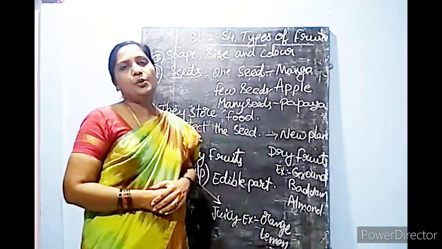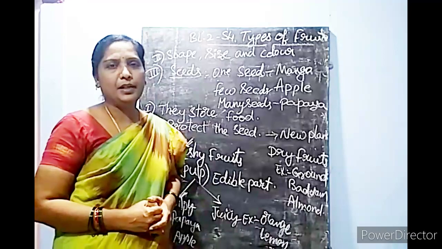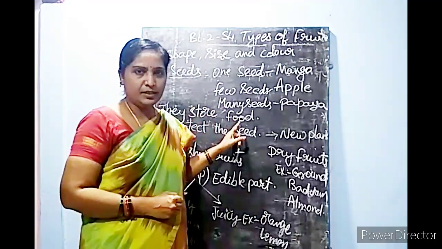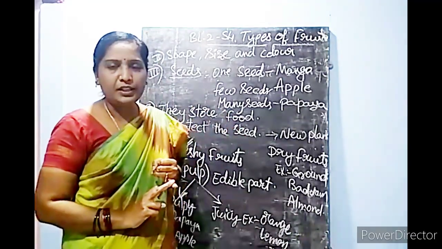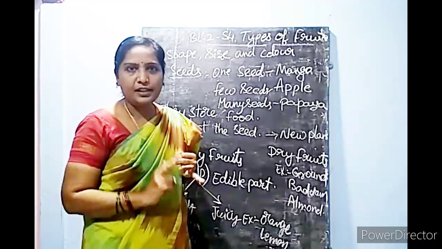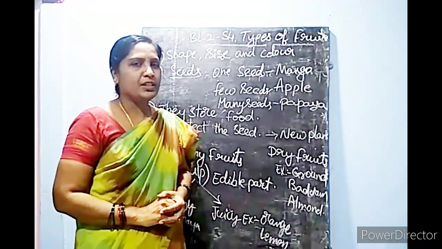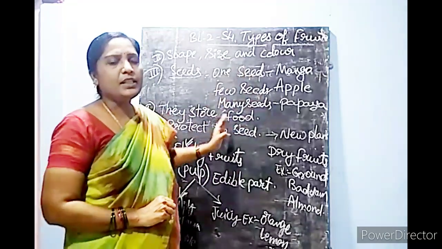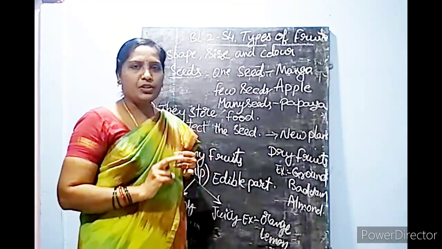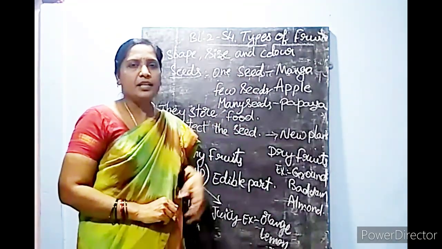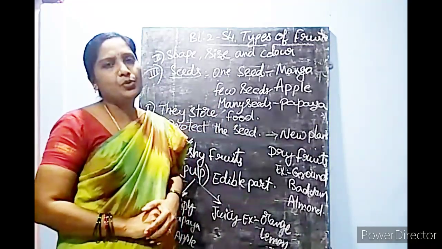So the fruits are doing two main functions in any plant. One is they are storing the food. Next, they are protecting the seeds. So understood, children? In today's class, you learnt the functions of fruits and how to classify the fruits.